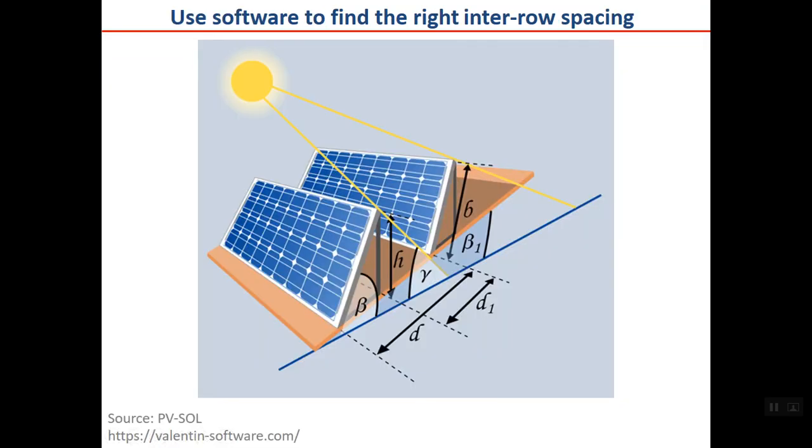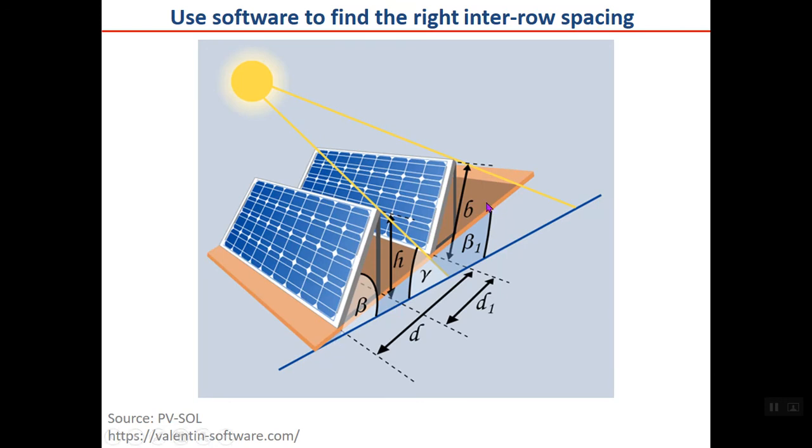Okay, there are different ways to calculate the interspace or inter-row spacing. The first is using software. Many software packages are available in the market. This is a picture from PV Sol. You can see the link here, which is photovoltaic design software.